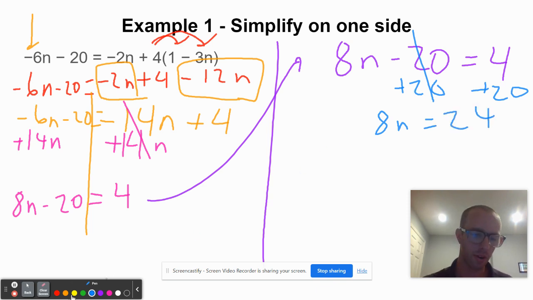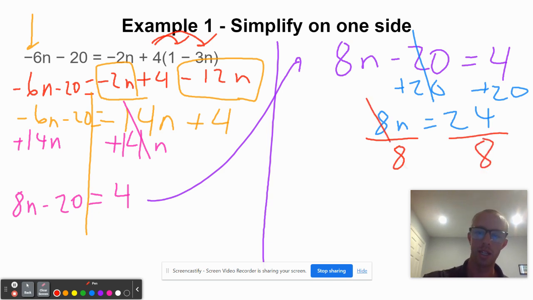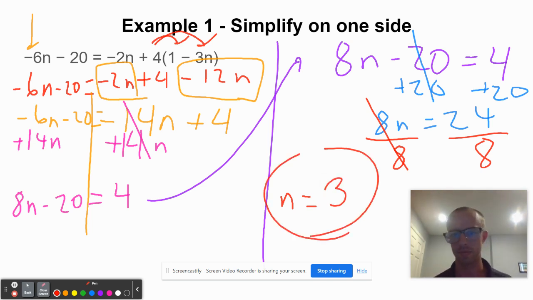Last step is to get rid of the coefficient. The coefficient here is 8. Coefficients represent multiplication. Get rid of multiplication. I divide. These cancel. I'm left with n equals 24 divided by 8 is 3. All right, so we took that big long mess and simplified it down to find n equals 3.